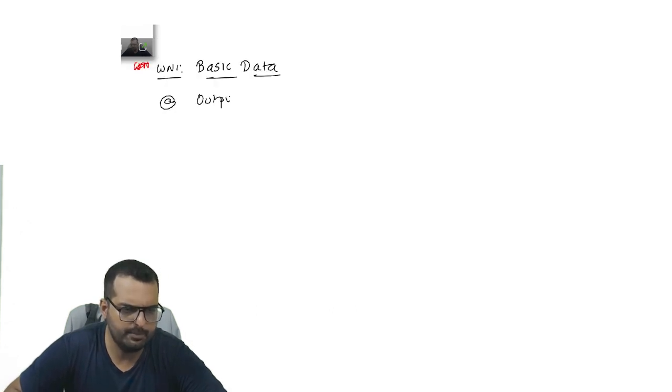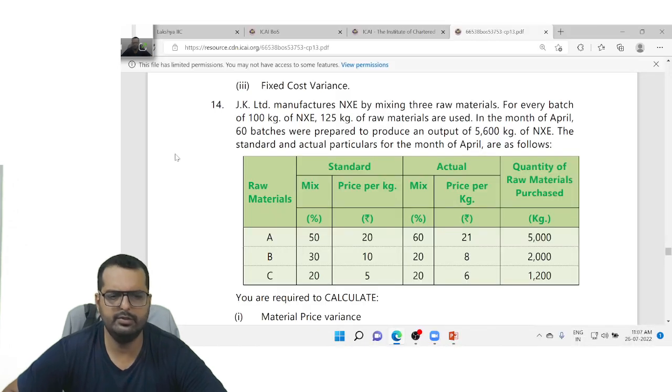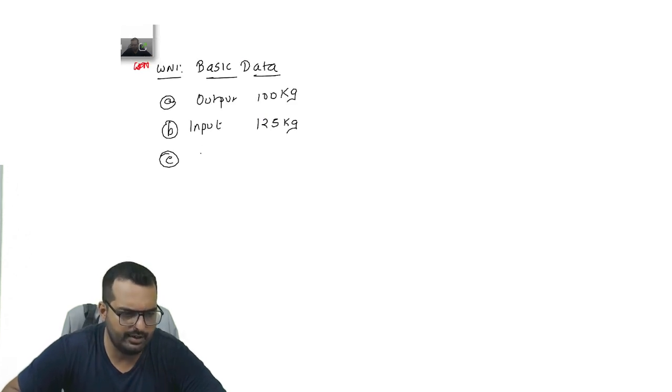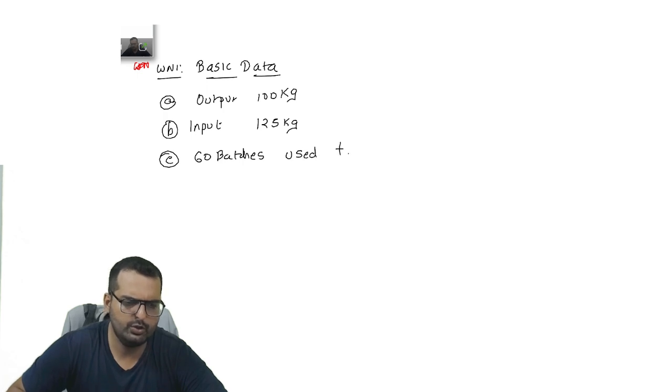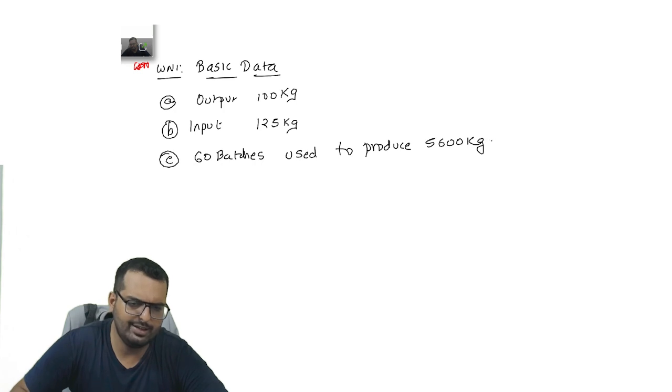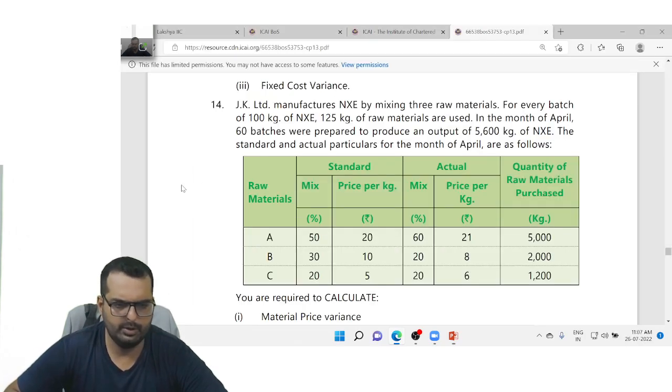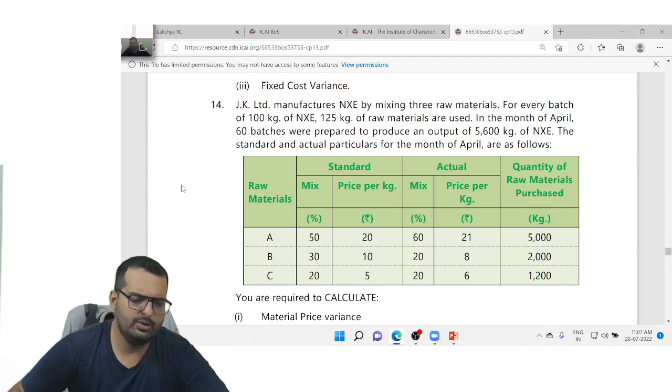So output 100 kg, input is going to be 125 kg. All right. So they told 60 batches were produced to produce an output of 5600. 60 batches used to produce 5600 kg of output. All right. The standard and actual data are given below.